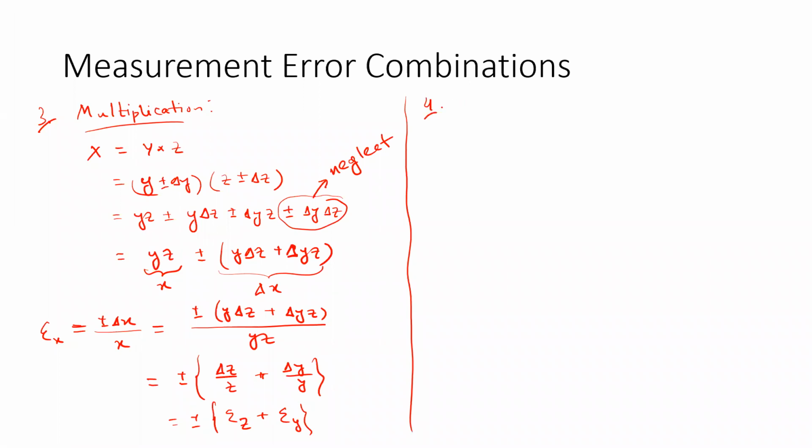Similarly, for division, we are going to get a similar expression like we got for multiplication. However, the approach should be a little bit different while deducing the expression. For considering the division case, we are going to start with the true value only at the beginning.